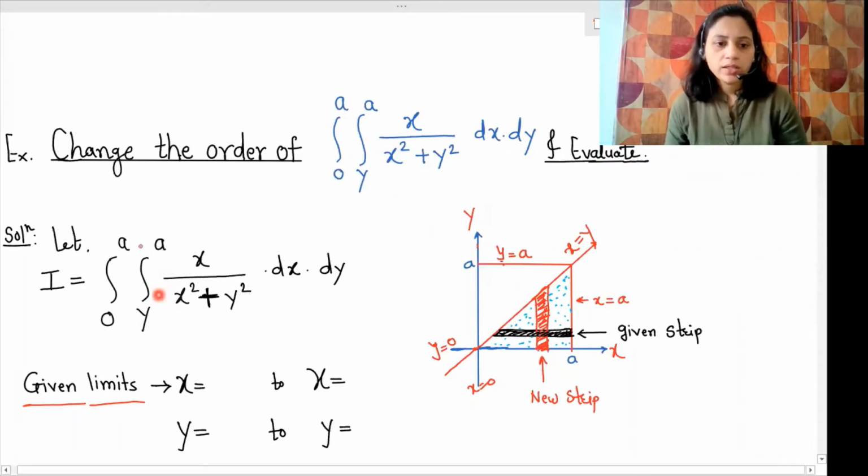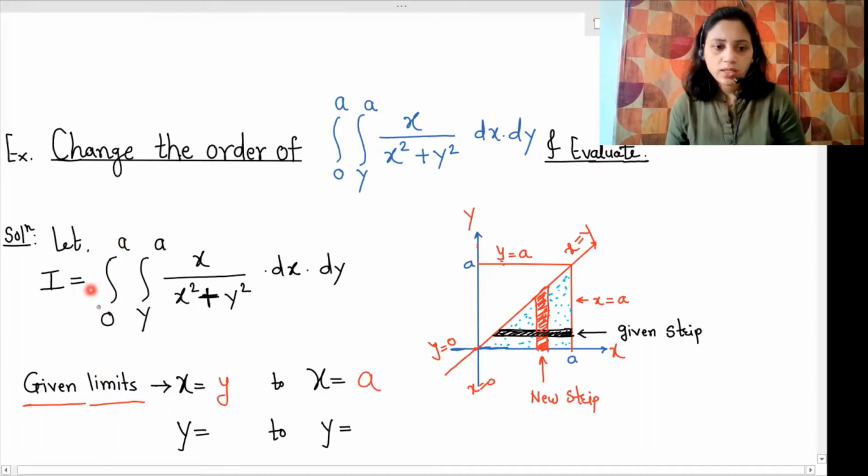Here the limits of the inner integral are y to a. That means the limits of the inner integral are in terms of y, so these are the limits of x. I can write the given order: x is equal to y to x is equal to a, right?